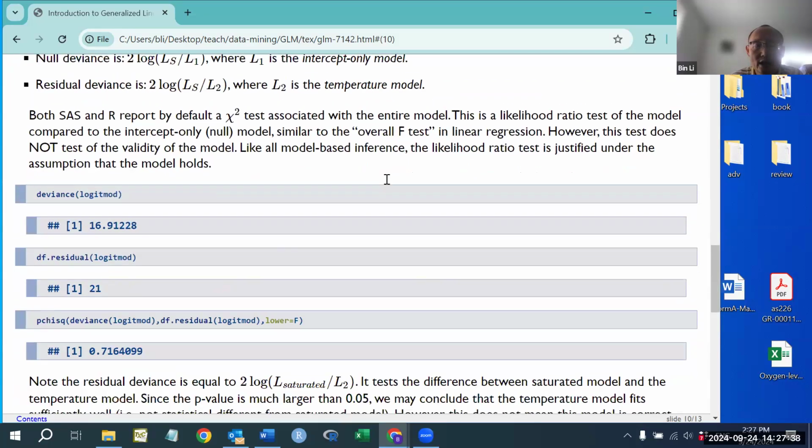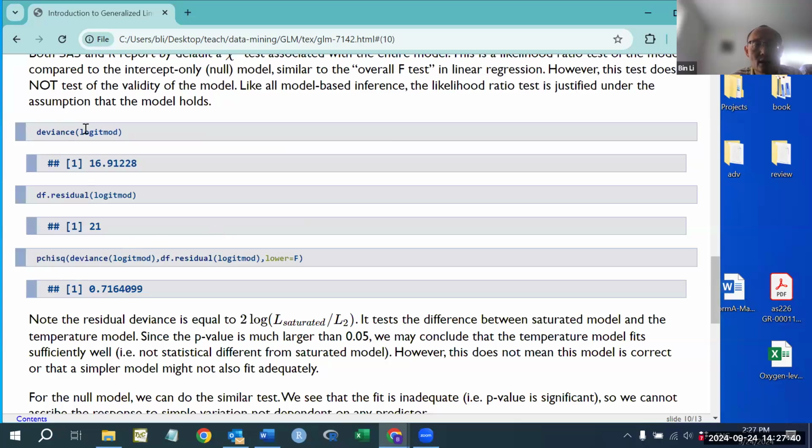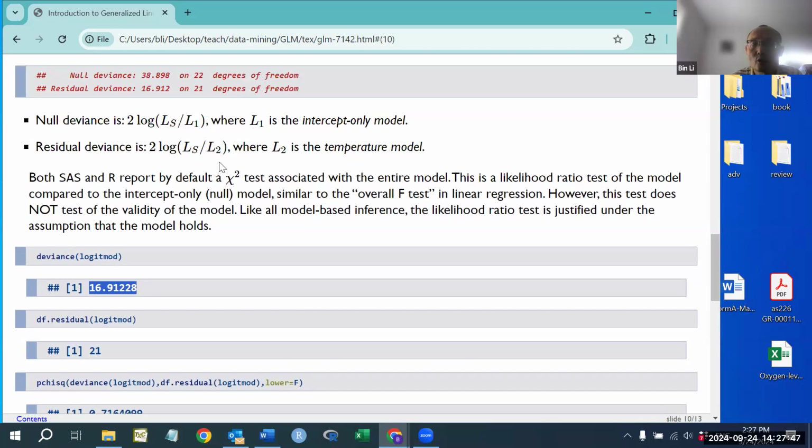We are doing the likelihood ratio test based on the residual deviance. So what are the two models that we compare in the residual deviance? The first one is the saturated model, the most complicated model, passing through all the dots. That's the perfect model. It is compared with the temperature model, the logistic regression that we fitted.